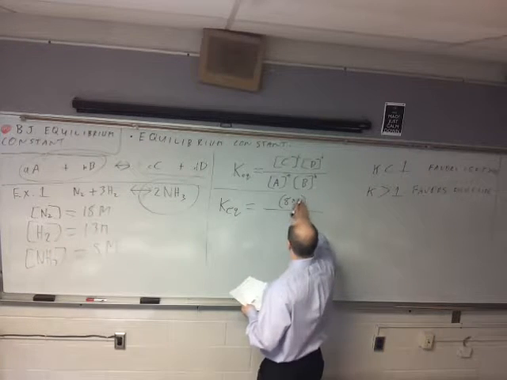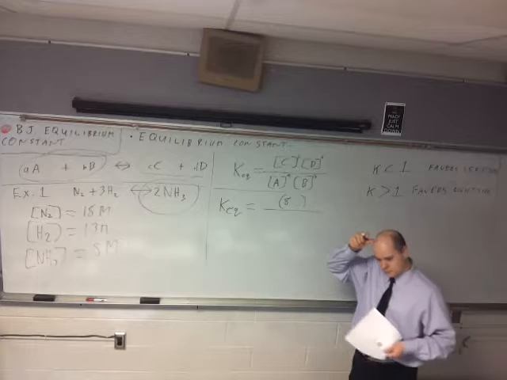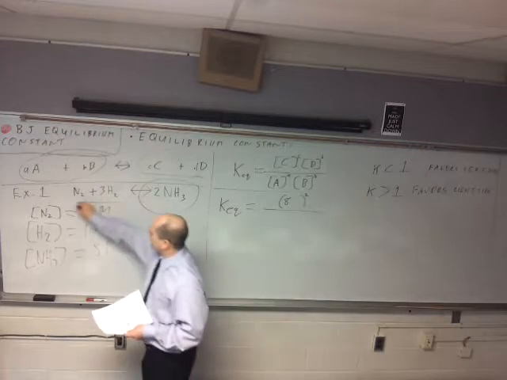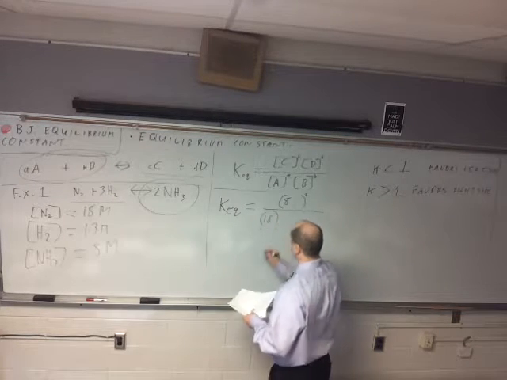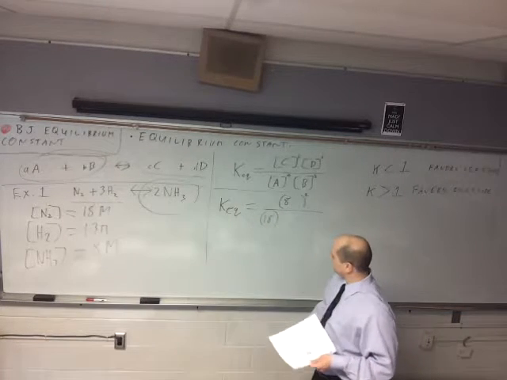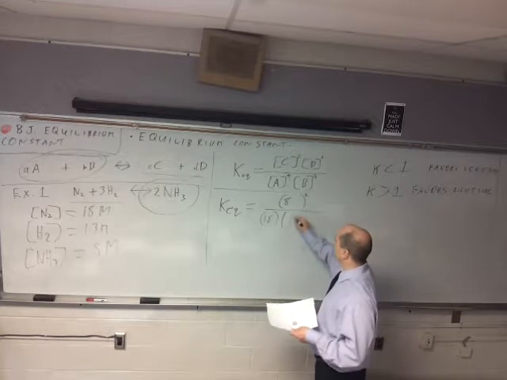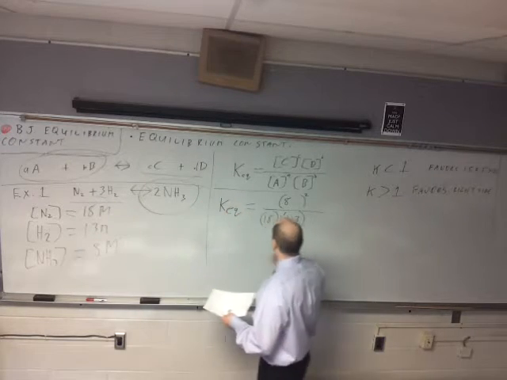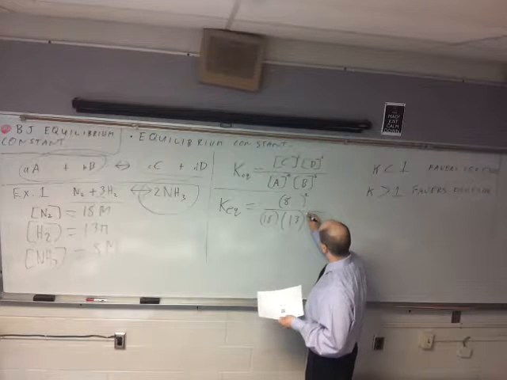You can throw the unit out and just write the 8 in there. And then to what power? 2. 8 squared, right? And then on the bottom we have our two reactants. So it'll be 18, and that's to the 1 power, so we won't write it in there, times 13, and this is the hydrogen, so that's to the 3rd power. That should be a 3 there.